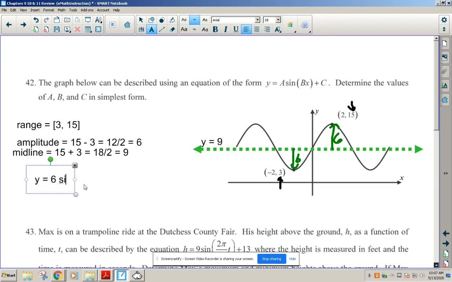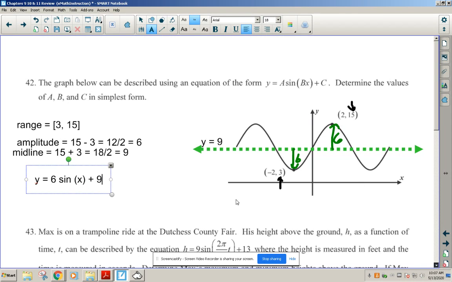So y equals the sine of, and they didn't give us any label, so I'm just going to call this x. I'm going to assume this is 360 because if there's no label and they give me one full rotation going positive and one full rotation going negative, I'm going to assume I have a 1B, and then I have my plus my midline, which is 9.